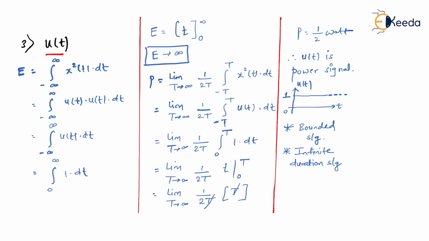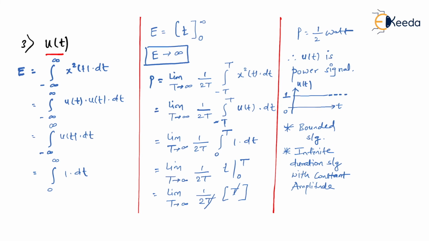No, the amplitude is not decaying, because if it had been decaying, it would have been an energy signal. In this case, even though it is an infinite duration signal, the amplitude is constant throughout. So the observation says infinite duration signal with constant amplitude. Then it is called a power signal.